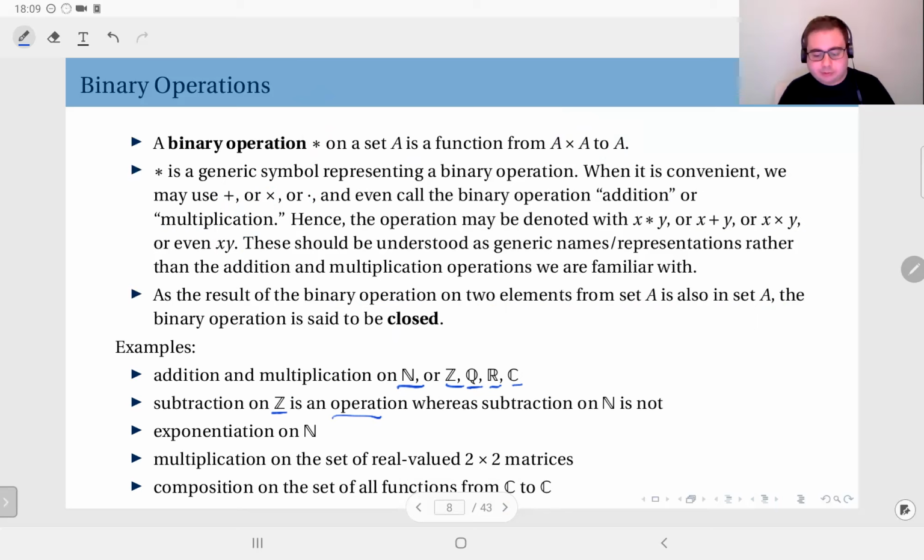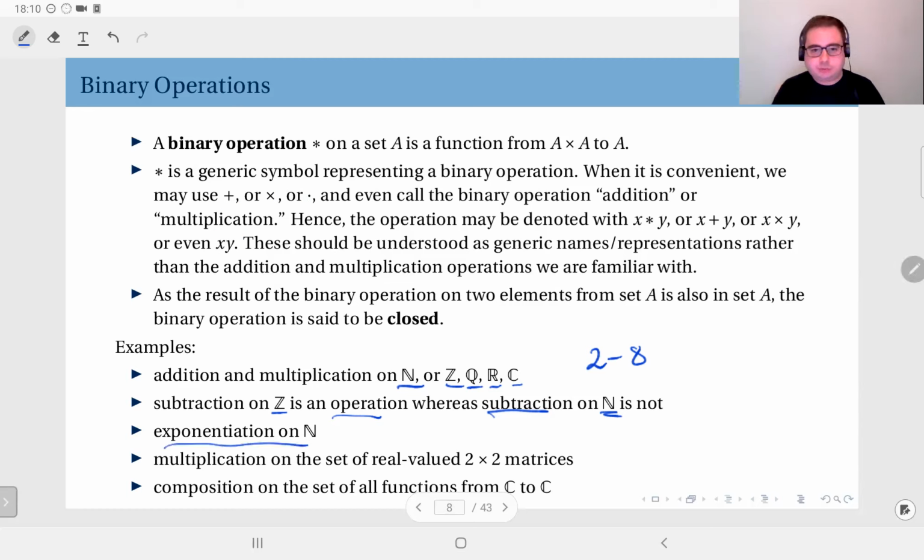On the other hand, subtraction on the set of natural numbers is not. Why? Because, for instance, if you would like to subtract 8 from 2, which are both natural numbers, the result, as we know, is -6, which is not a natural number. So this operation is not closed, which means it's actually not a binary operation.